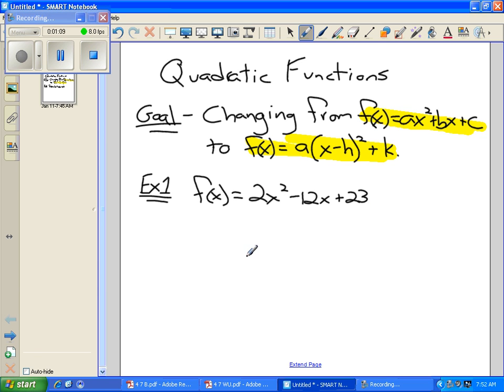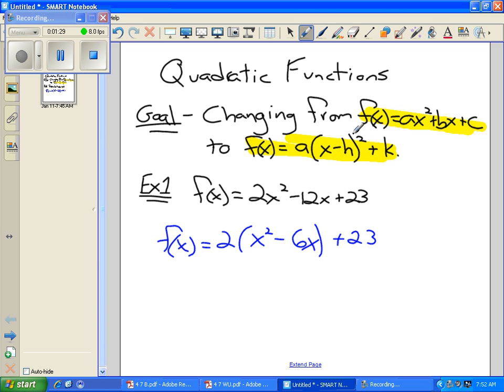I'm not worried about the last term. So here I go. I have f of x. Factor out that 2. When I do that, I just have x squared minus 6x plus 23.